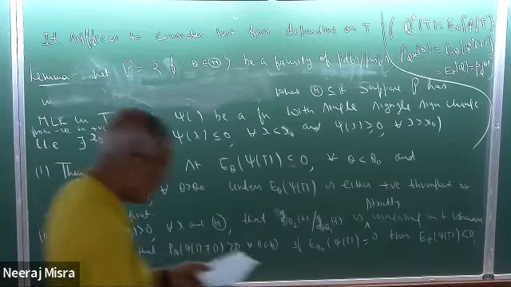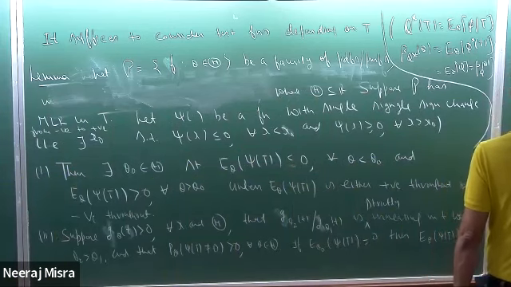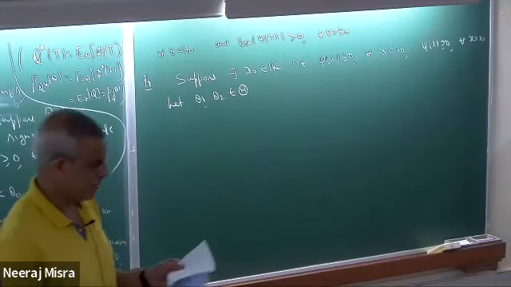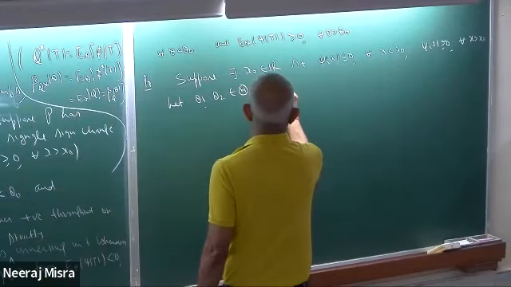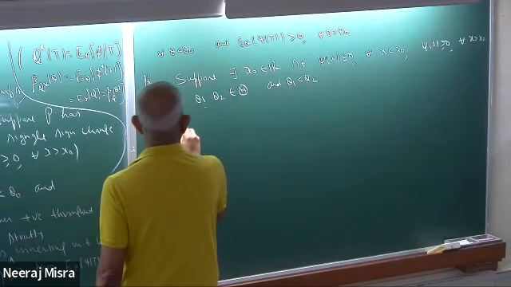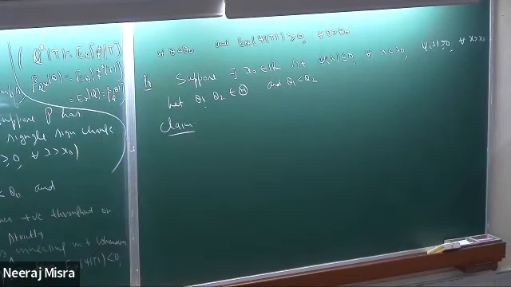So let theta 1, theta 2 belonging to theta, and theta 1 is less than theta 2. So what is my claim? My claim is if E theta 1 psi t is positive, then E theta 2 psi t would also be positive, right?